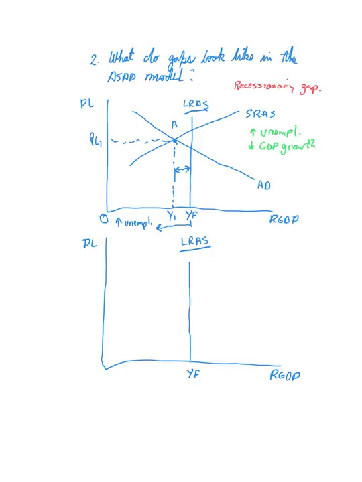And it's quite likely that we have either low levels of inflation or even deflation can occur with this situation. So these are the symptoms of a recessionary gap, and here's what it looks like. The next gap down below we're going to call an inflationary gap.